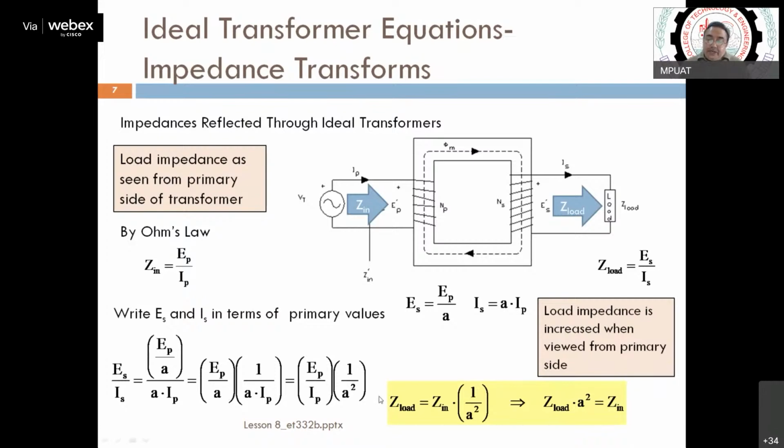This is a very important relation, showing how you can express the output load impedance in terms of the input primary impedance. Clear? So this is a very important derivation for an ideal transformer. Mind it.